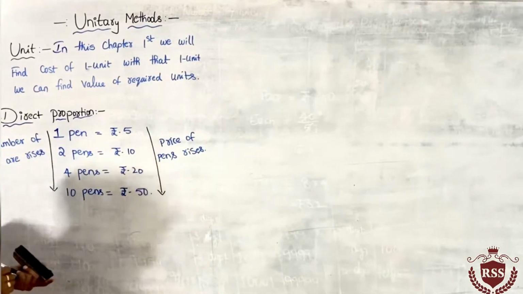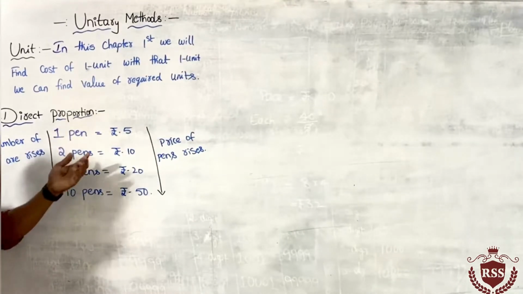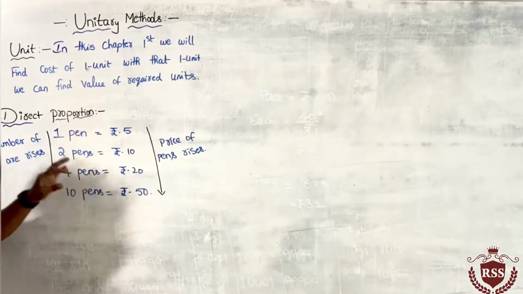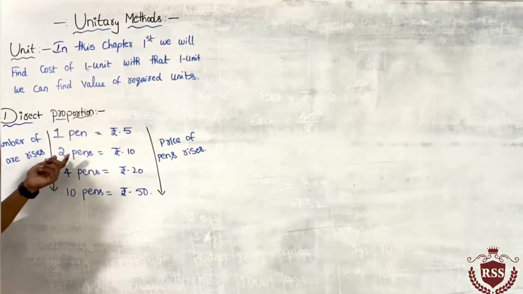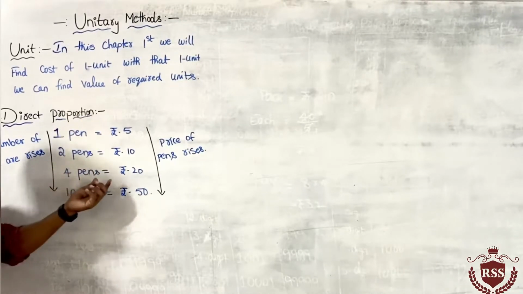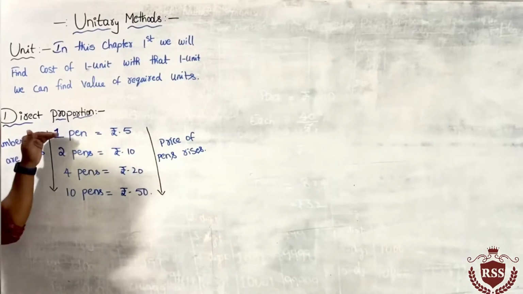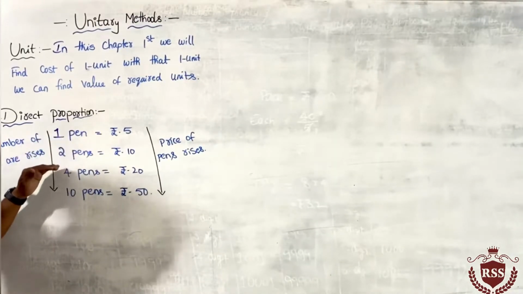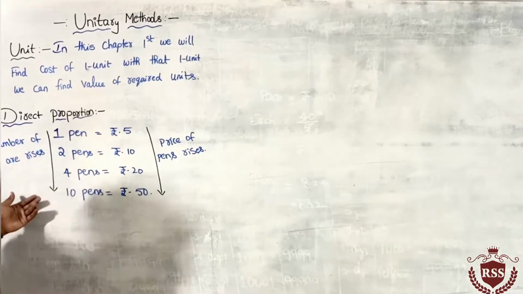If the quantity is more, we need to pay more. For example, 1 pen price is 5 rupees, 2 pens will be 10 rupees, 4 pens 20, 10 pens 50. So if the quantity increases, the price also increases, right? This is called direct proportion.